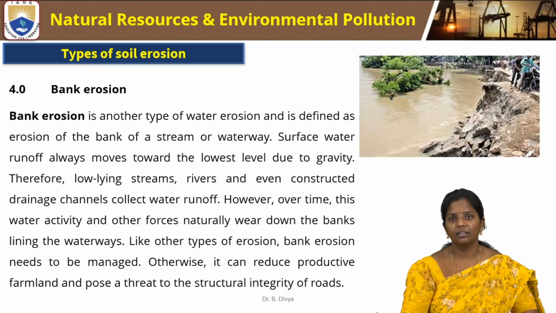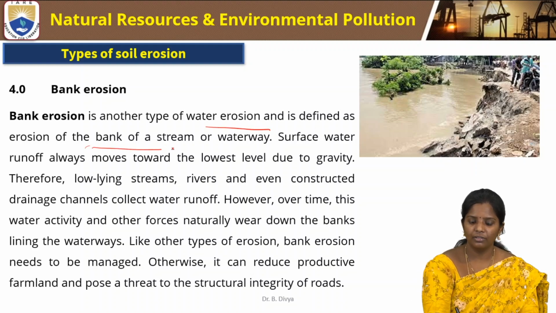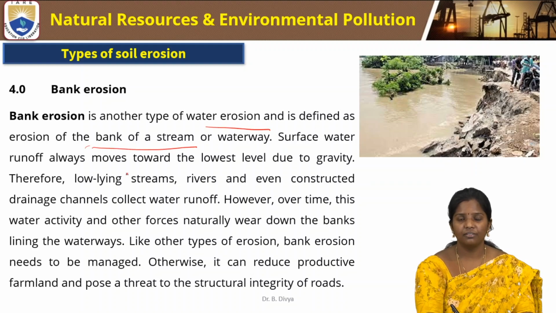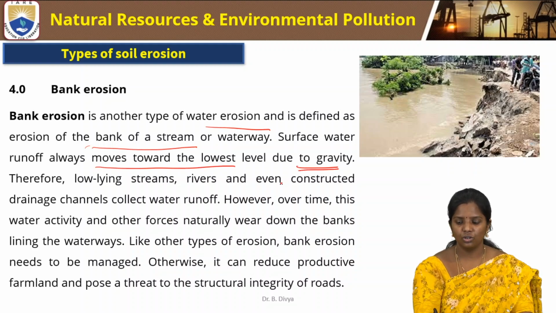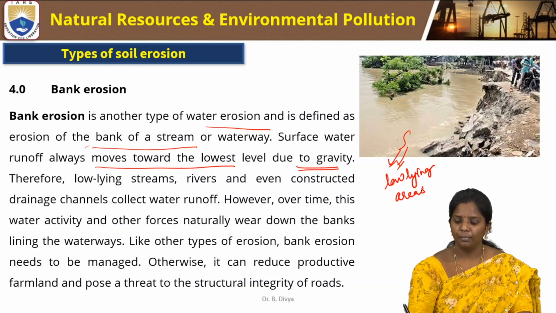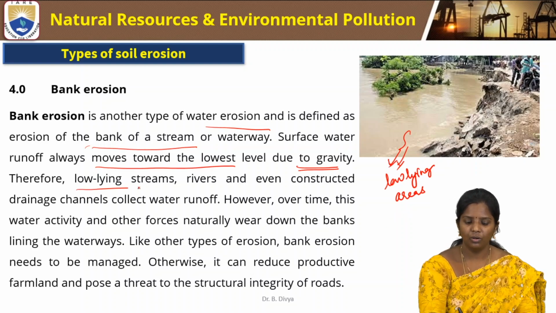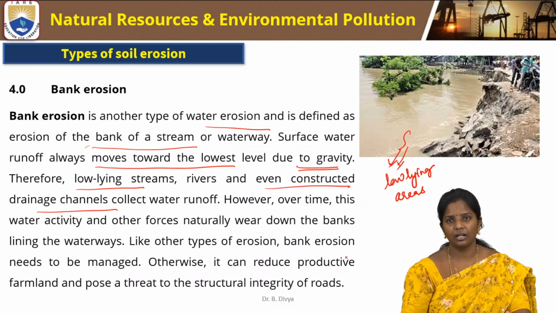Bank erosion happens at the river banks, where water erosion occurs in the rivers, streams or waterways. Surface water runs off towards the lowest level due to gravity. Therefore low-lying streams, rivers and even constructed drainage channels collect this runoff water.